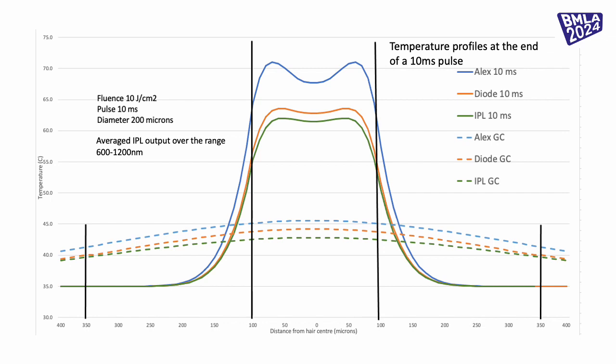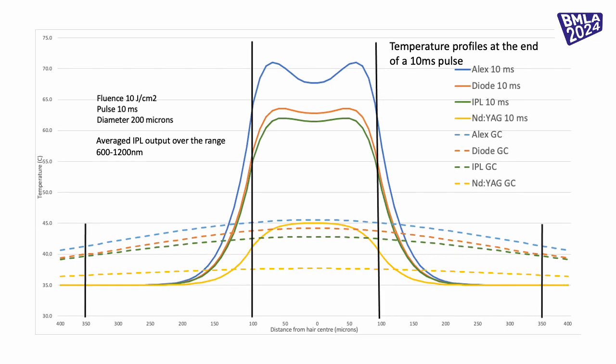Again, the green solid line shows the temperature profile at the end of the pulse, and the dotted line when the follicle wall is at a maximum. And then finally, the yellow curve, the solid line, shows the YAG 1064. It's not nearly as high as the other three because the absorption coefficient at 1064 is quite low compared to the other 3 wavelengths. And the yellow dotted line shows once it's relaxed a bit.